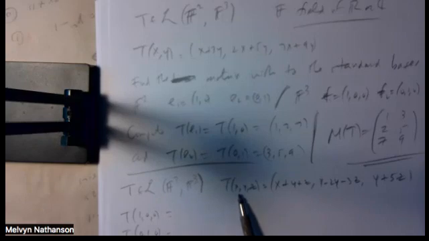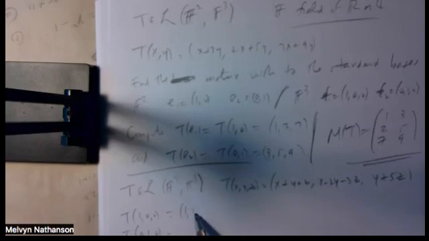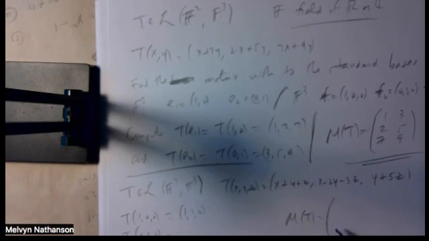When x is 1 and y and z are 0, I get 1, 1, 0. So in my matrix, that's the first column, 1, 1, 0. T of 0, 1, 0, when y is 1 and the other coordinates are 0, I get 1, minus 2, 1.